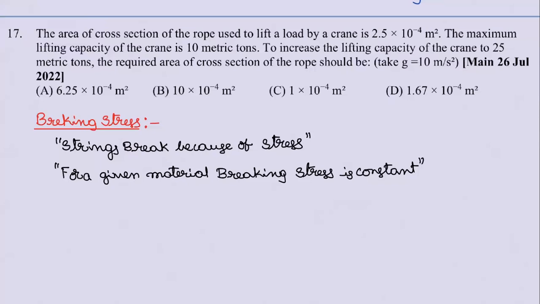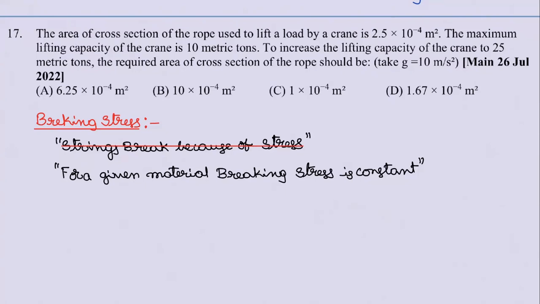You can ignore the earlier statement if you want. Breaking stress is constant means what? If you take 2 different wires of the same material and different thickness, radius or cross-section area, they won't break for the same force, but they break for the same stress. So stress is the key thing here. Breaking stress is the key thing. Okay, so that's what you need to remember.